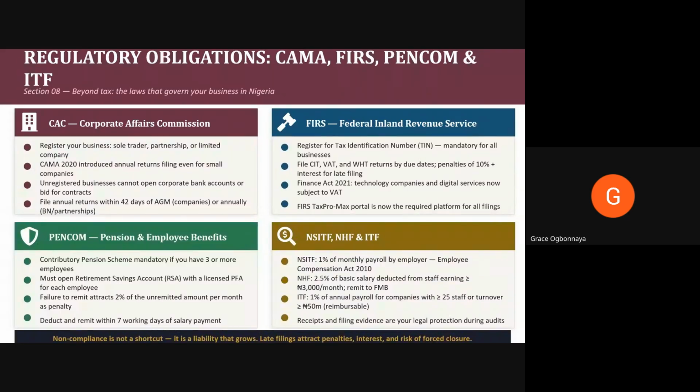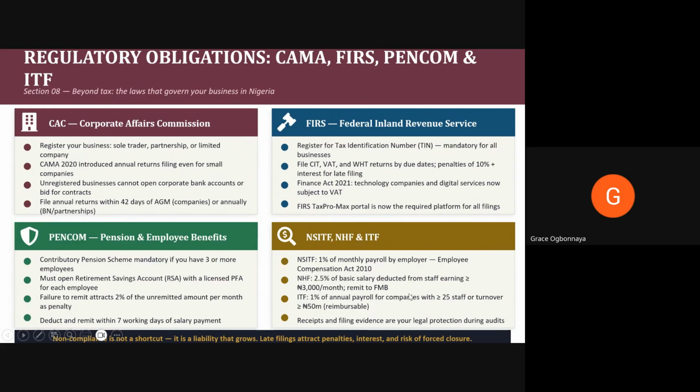And NHF and NSITF. For NSITF, it's 1% of your monthly payroll paid by the employer. For NHF, 2.5% of the basic salary should be deducted from staff earning more than 3,000 naira per month, to remit to the Federal Mortgage Bank. And for ITF, 1% of your annual payroll.